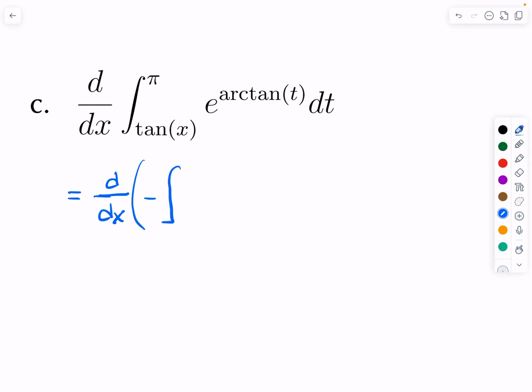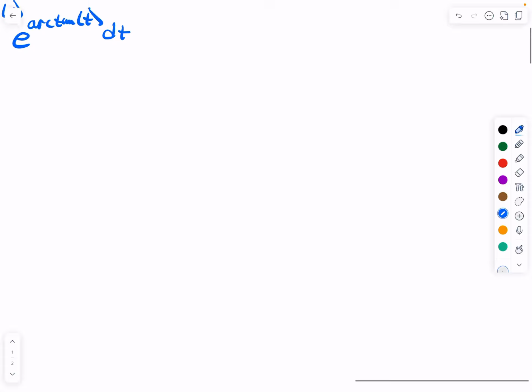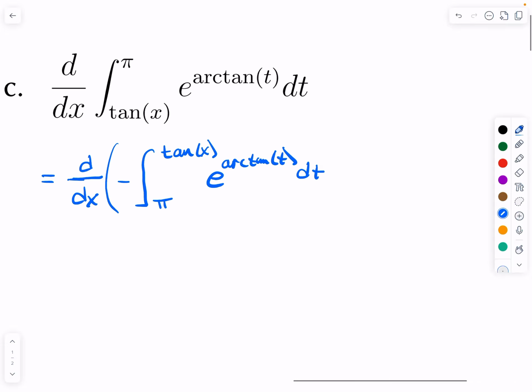that if you swap the limits on a definite integral, you just negate the definite integral. And then you can just do what we did down here, and that is do the fundamental theorem. But wherever we find a t, so here there's this t right here, wherever we see that, we're going to plug in the function that we have over here, which is tangent of t in this case.